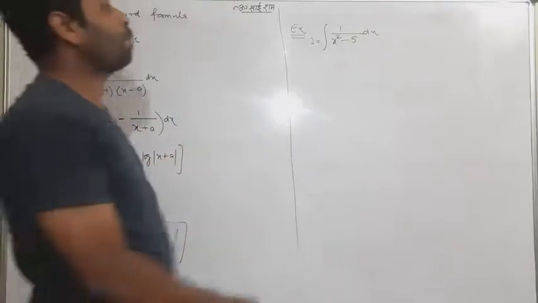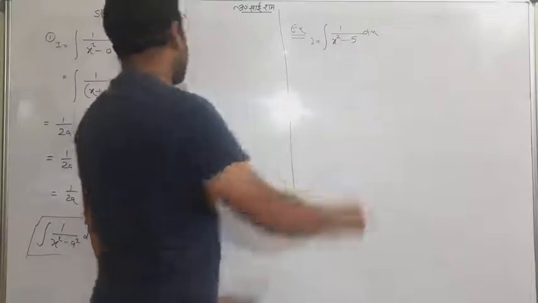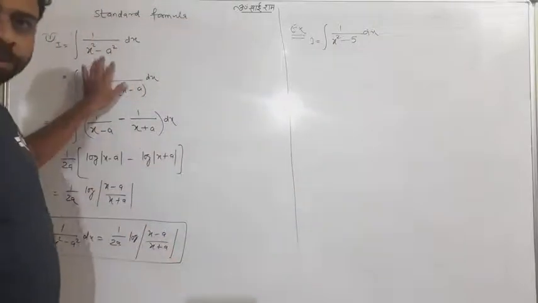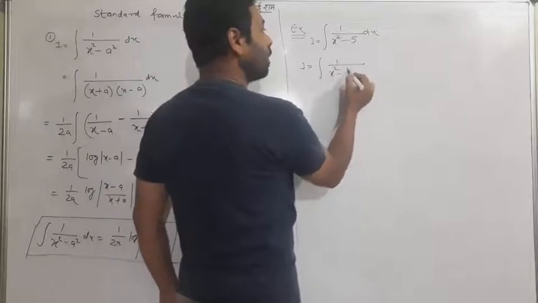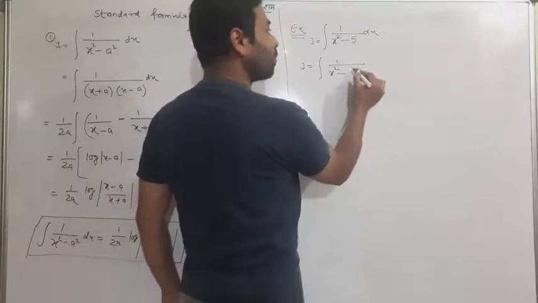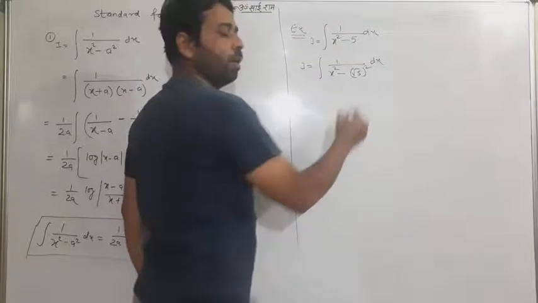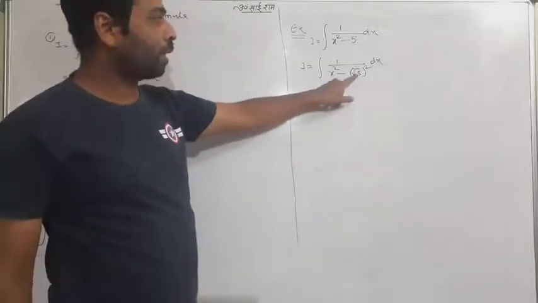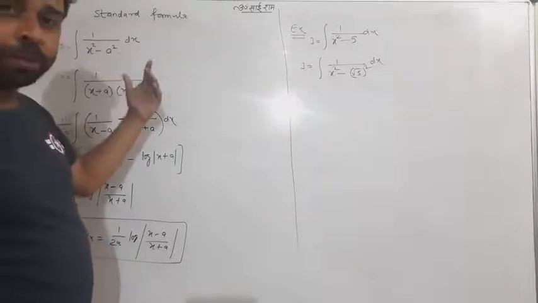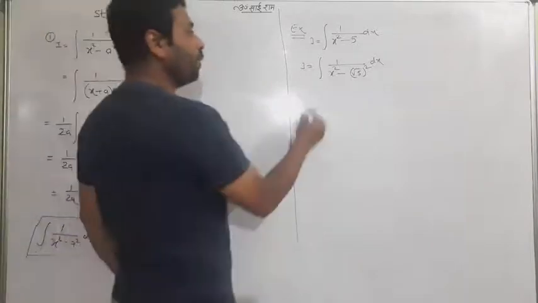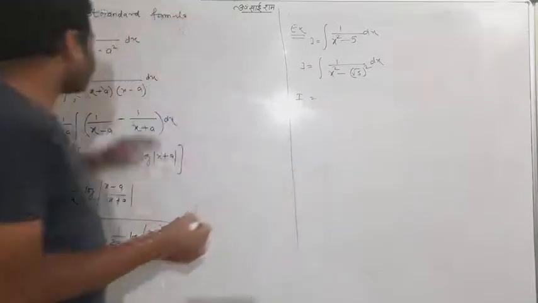Definitely you have to compare that it is the same kind of question. So students, first you will write x square minus 5, you will write 5 square. Now can you compare? It is x square minus a square. Very similar. So what will you do? Definitely you will use the formula. You don't have to do all of it.